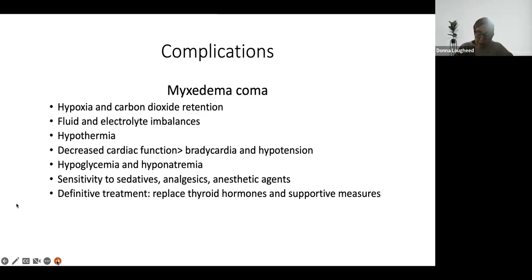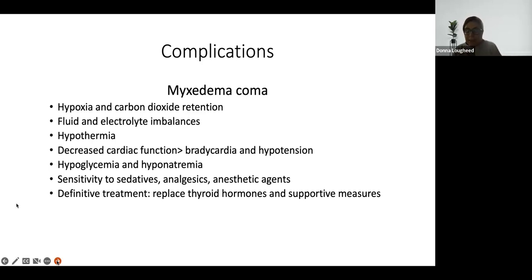It is characterized by hypoxia and carbon dioxide retention, secondary to hypoventilation, fluid and electrolyte imbalances, and hypothermia. Because of significant decreases in cardiac function, the patient is bradycardic and hypotensive. Additionally, hypoglycemia and hyponatremia develop.